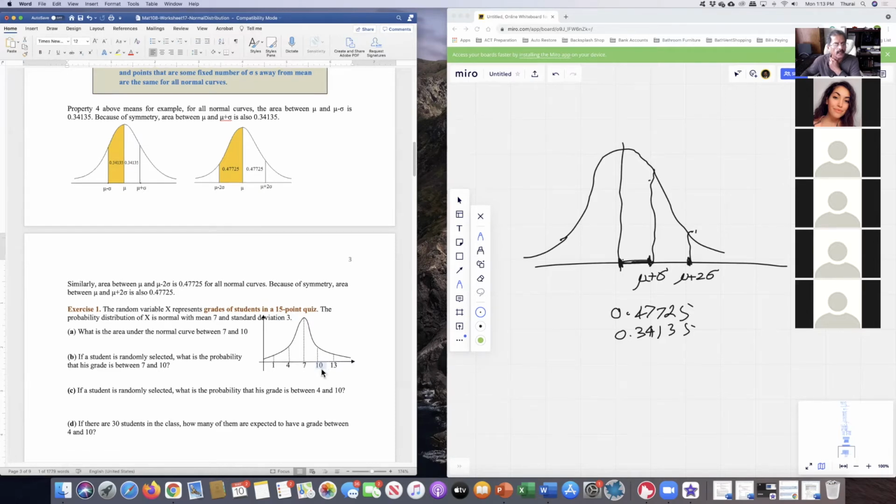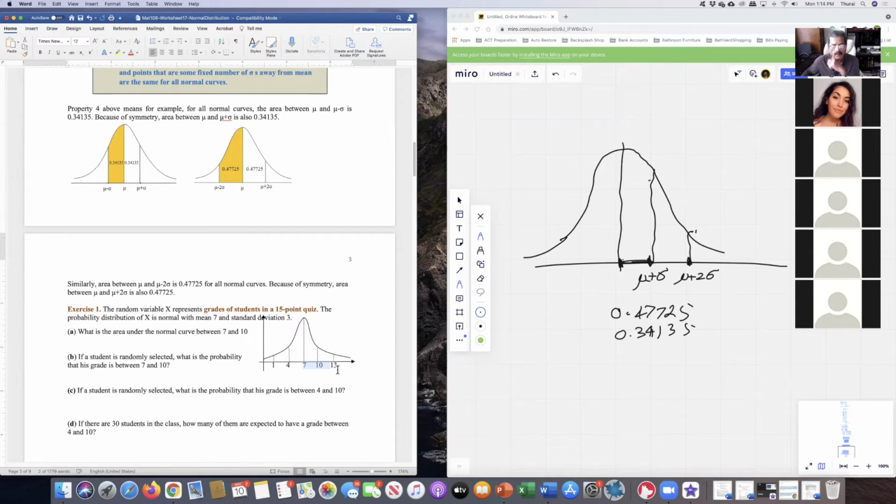Yes. Okay, so the area between 7 and 10 is the same as the area between mu and mu plus 1 sigma, which is equal to 0.34135. And where does the number 0.47725 come from? That's given to you as the area between mu and mu plus 2 sigma in any normal curve. So that would mean between 7 and 13.